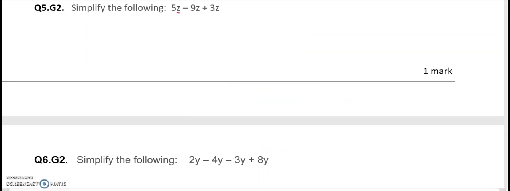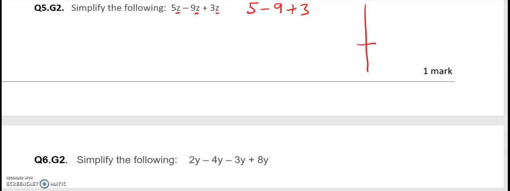So the terms all have z in them. So we can treat this as being 5 minus 9 plus 3. 5 minus 9 is shown like this. So we have 0, 1, 2, 3, 4, 5.